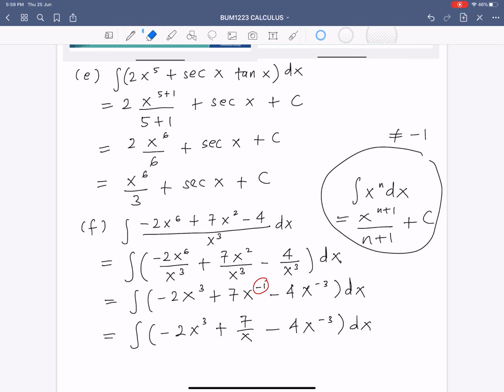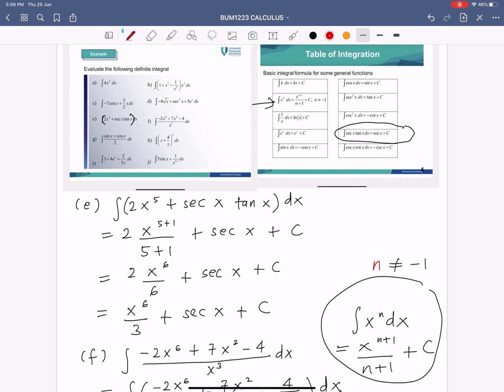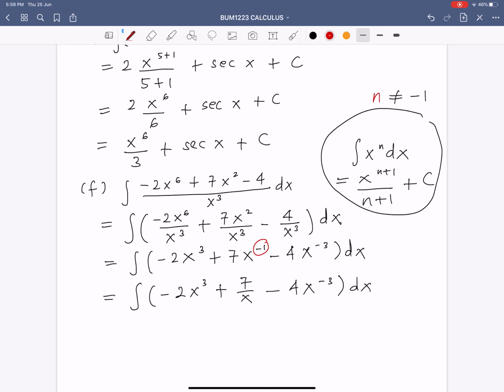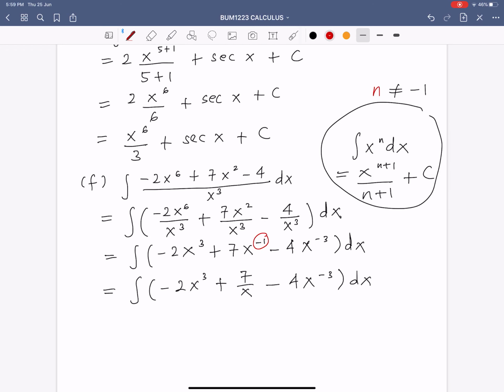In this case, our n is negative 1, therefore we cannot use this power rule formula. And the choice that we have is this one, 1 over x, because 7 over x is equal to 7 times 1 over x.